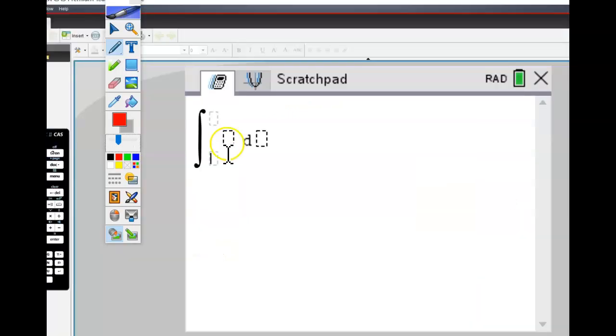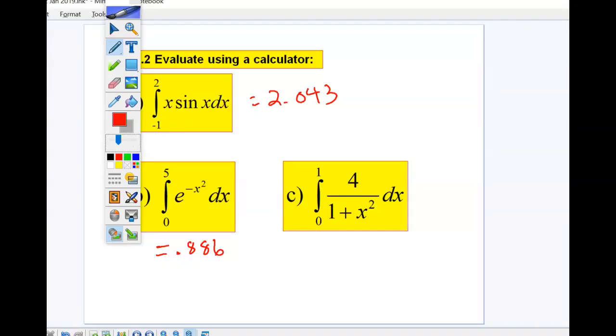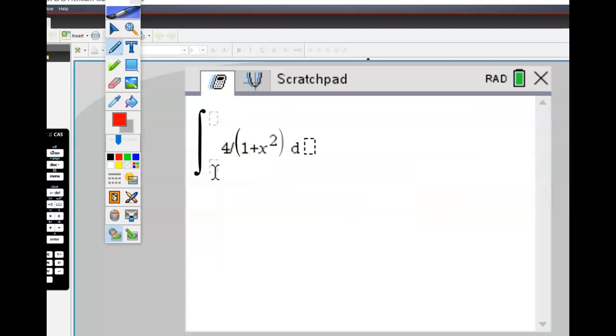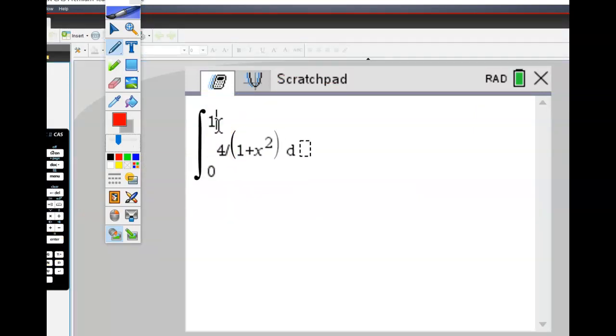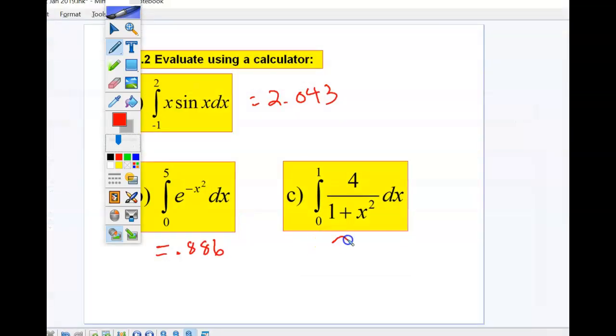So 4 divided by, I want to put brackets, 1 plus x squared. And this is going from 0 to 1. And again, I'm integrating with respect to x, and I get an answer of pi in this particular case. So my final answer for this one would be pi.